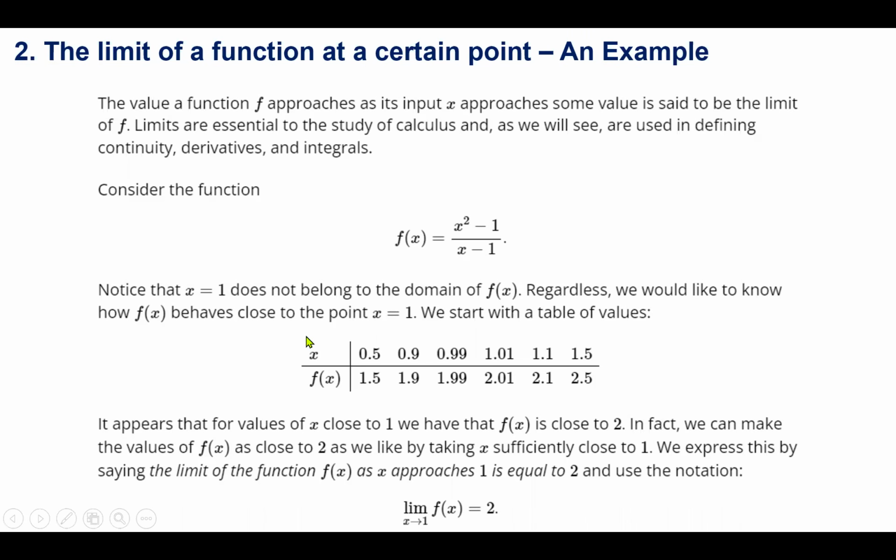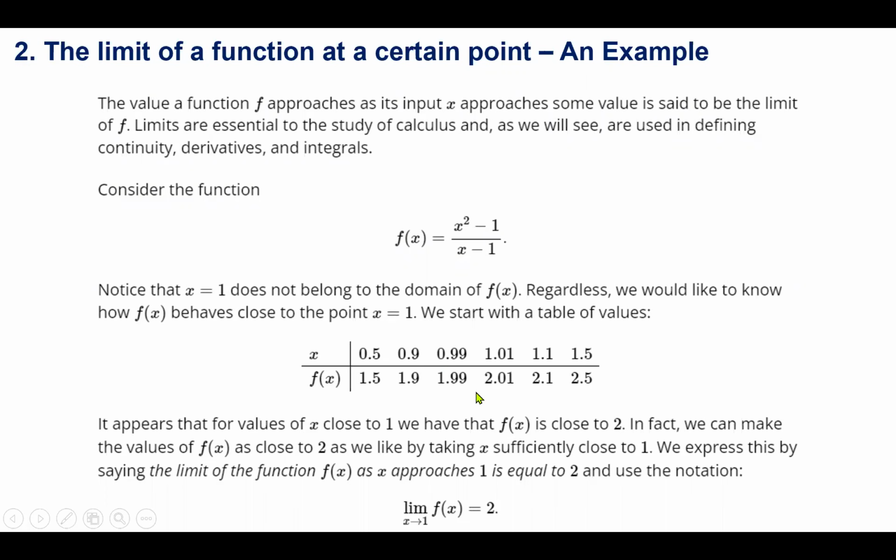As you can see here, when x is 0.5, f(x) is 1.5. When x is 0.9, f(x) is 1.9. And when x approaches 1, such as when x equals 0.99, then f(x) is 1.99, right?